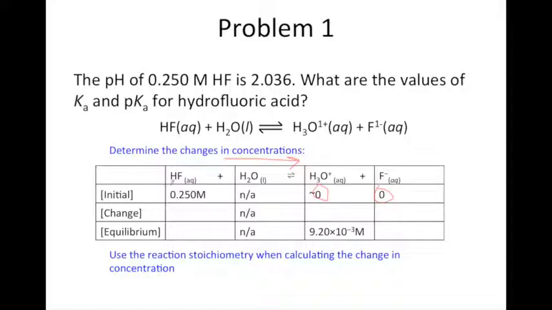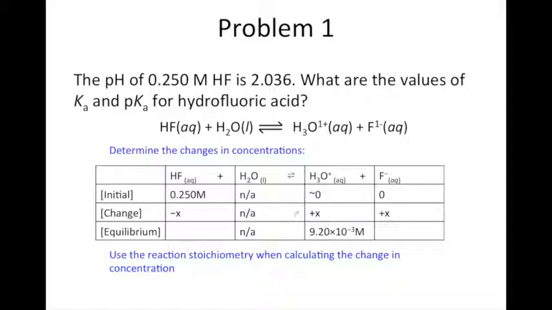We use our reaction stoichiometry. For every 1 mole of hydrofluoric acid that dissociates, we're going to form 1 mole of hydronium and 1 mole of fluoride. So we have to pay attention to our stoichiometry.